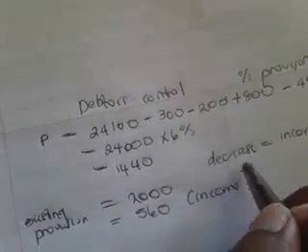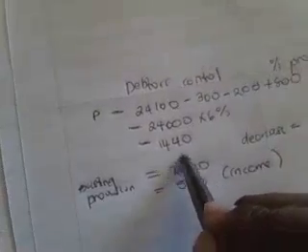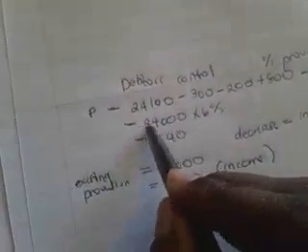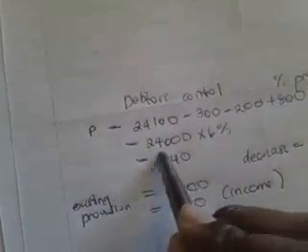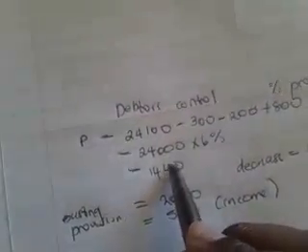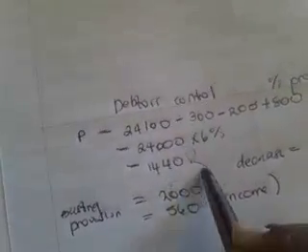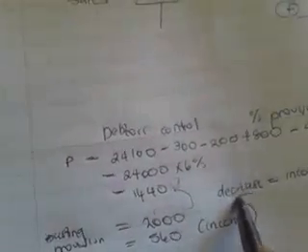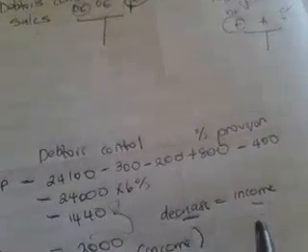Since the existing provision that we have is 2,000 and the adjusted provision is 1,440, this means that I need to decrease it, okay? Decrease it from this amount to this amount. If it is a decrease, it is an income at all times, right?